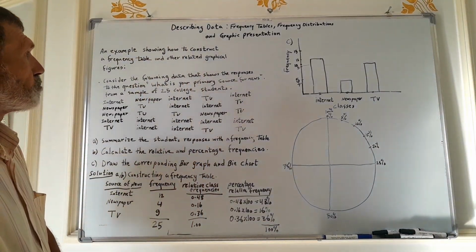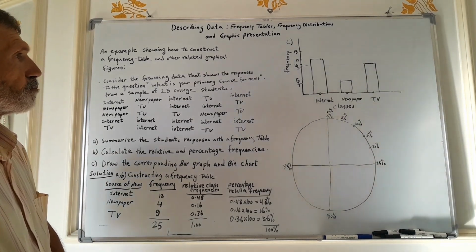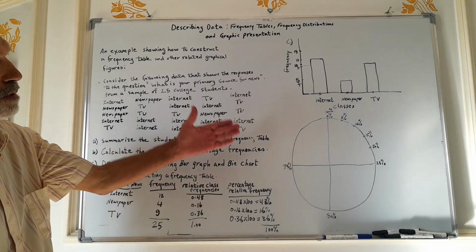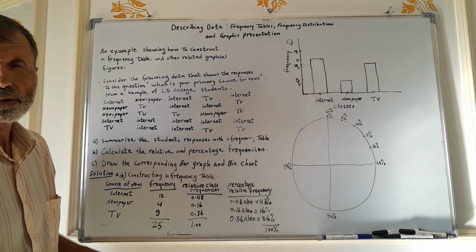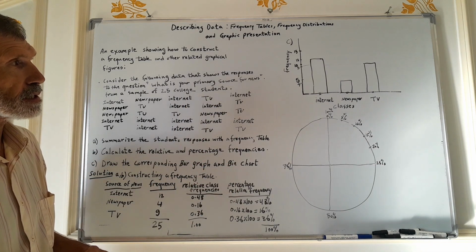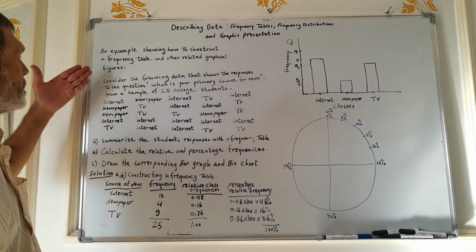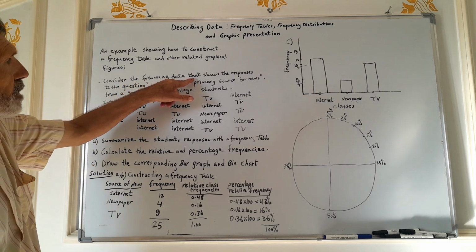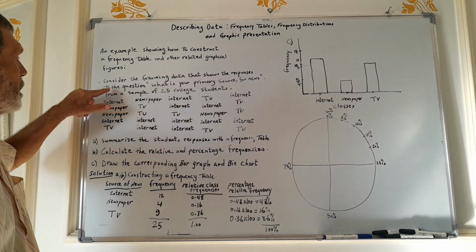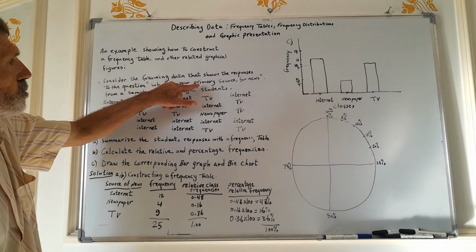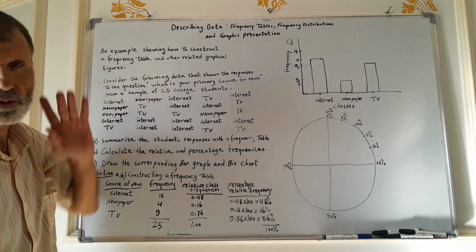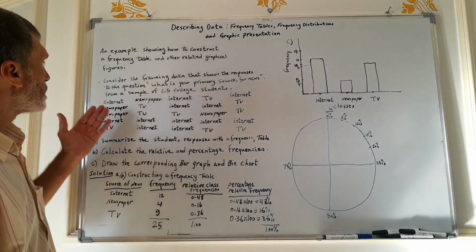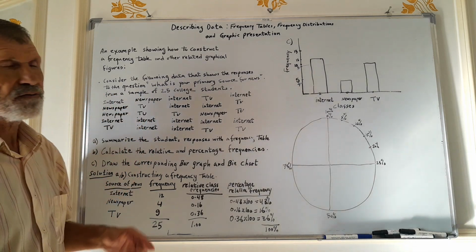Okay, let's apply the concepts we already discussed about constructing a frequency table. So we have this question here. Consider the following data that shows the responses to the question, what is your primary source for news, from a sample of 25 college students.